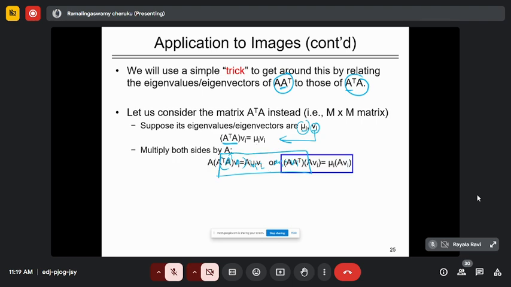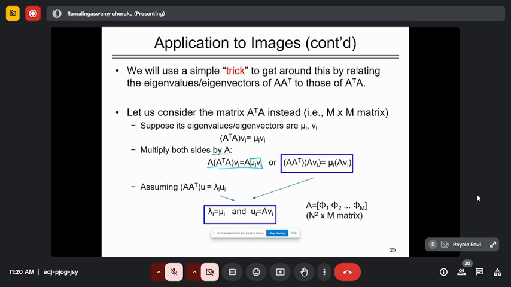Now, with the characteristic equation, I am multiplying both sides by A, so A into A transpose A. Now let's see. Assuming A A transpose and mu i is equal to lambda into A, where this lambda is the eigenvalue. A into A transpose we already know.